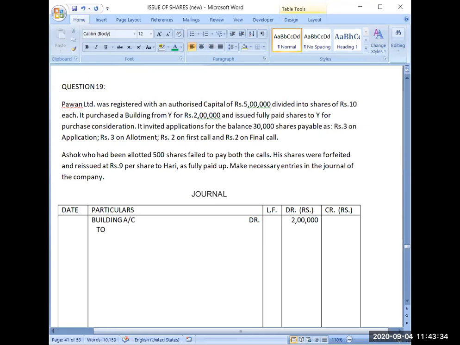To Y. It is only Y, not Y Limited. Building account debit to Y, 2 lakh. Then afterwards, Y debit. You have issued shares for rupees 2 lakh to him.